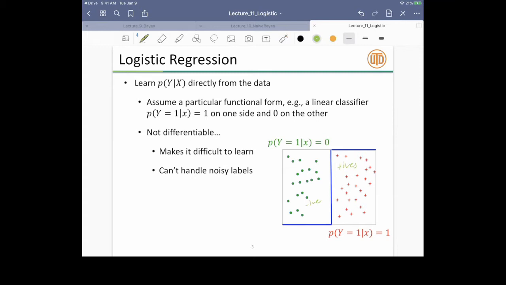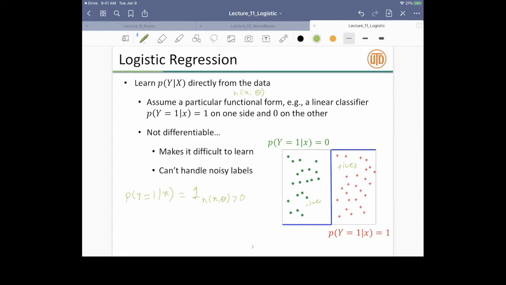Let me explain this a little bit more. What we mean by a functional form here is that we have some kind of hypothesis function, h of x comma theta. Essentially, this probability distribution is P of y equal to 1 given x is the indicator of h of x theta greater than 0, suppose.